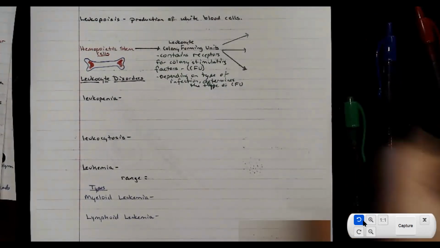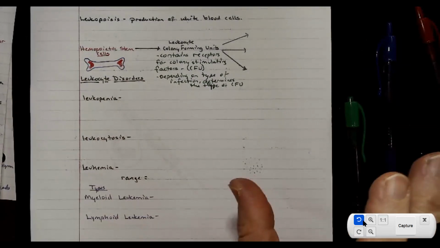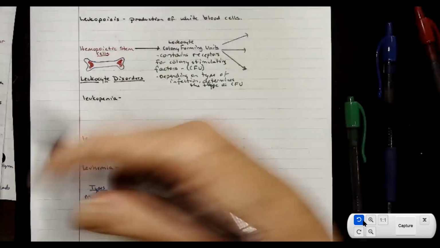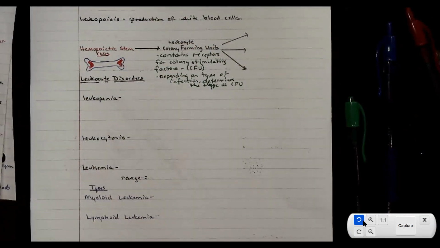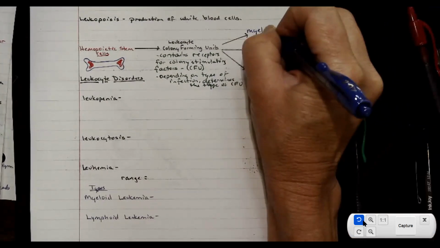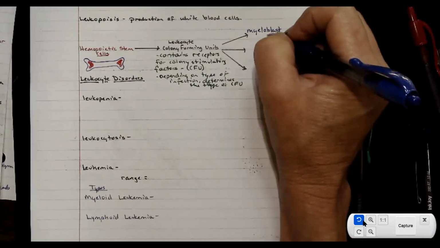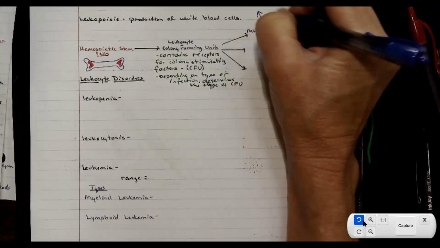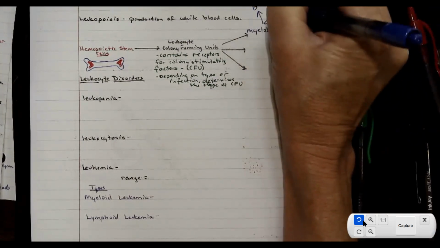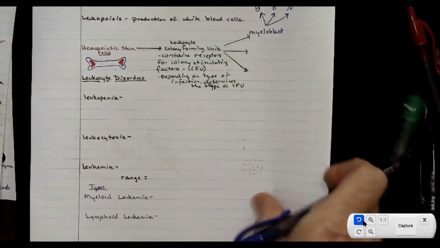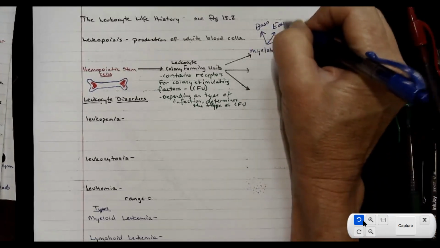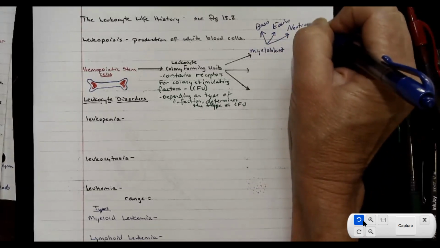So the precursor, just like the reticulocyte was an immature erythrocyte, you've got immature white blood cells. What cells give rise to the cells that we've already discussed? You've got your myeloblast, kind of like an erythroblast, and that gives rise to BEN, B-E-N: basophils, eosinophils, and neutrophils. Basophils, I'll just put baso, eosino, and neutrophils.